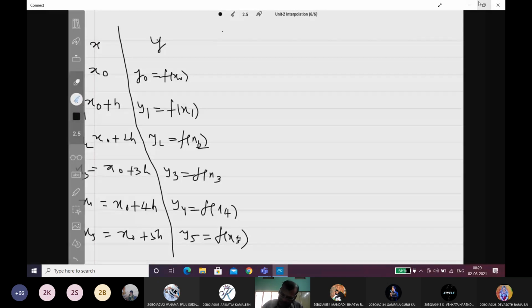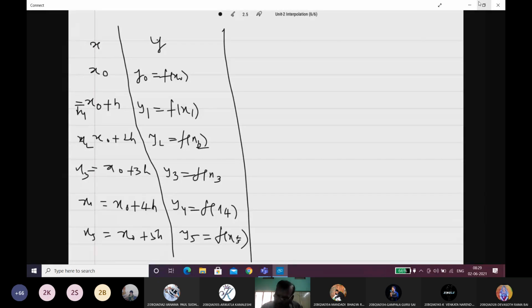Now this is delta y, delta square y, delta cubed y, and delta to the power 4 y. That means we need to find the change in these two. That is delta y, simply y1 minus y0. The difference between y1 and y0 is called delta y0.